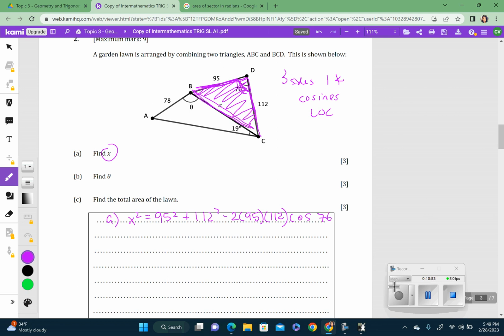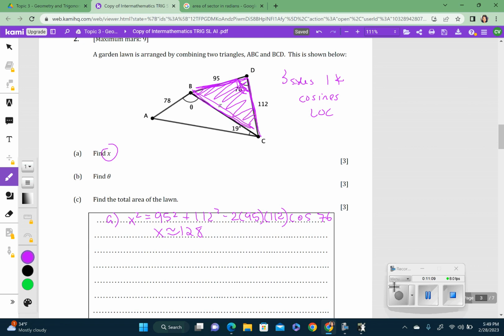So take this whole thing, plug it into the calculator, and then find the square root of it, and you get that x is going to be about 128 to three significant figures. Okay, and again, do this yourself. Do not just take my word for it.